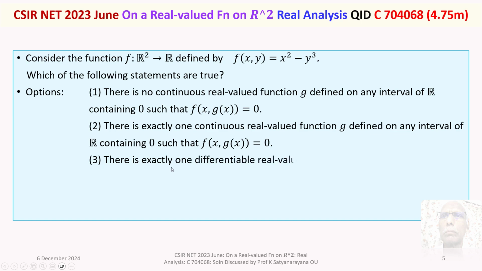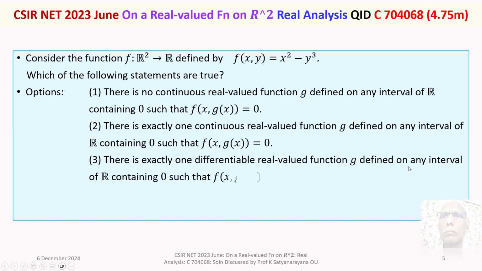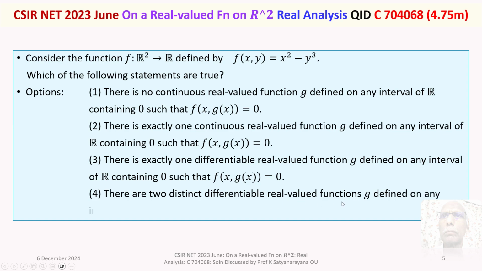Option 3, there is exactly one differentiable real valued function g defined on any interval of R containing 0 such that f of x comma g of x is equal to 0. In option 4, he talks about exactly two differentiable functions. Option 4, there are two distinct differentiable real valued functions g defined on any interval of R containing 0 such that f of x comma g of x is equal to 0.